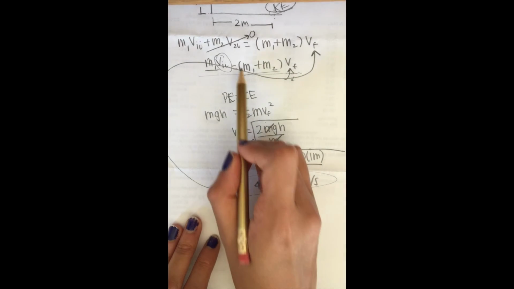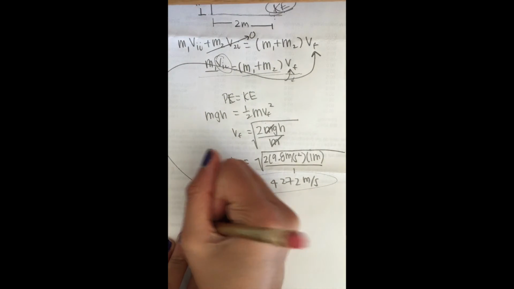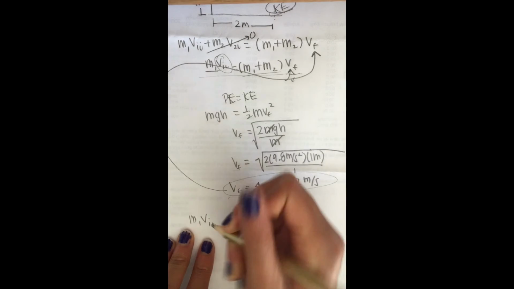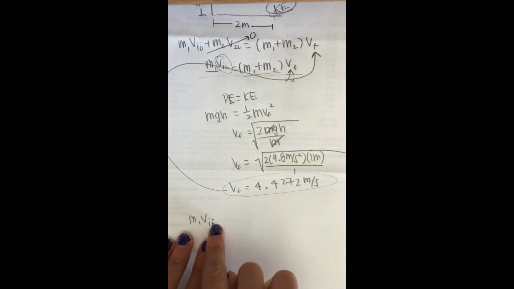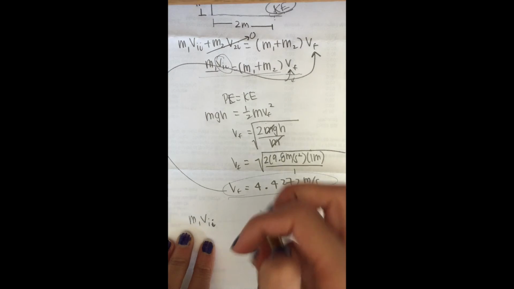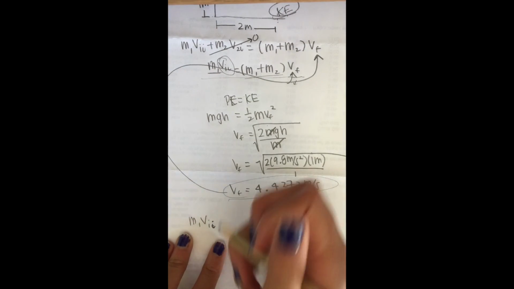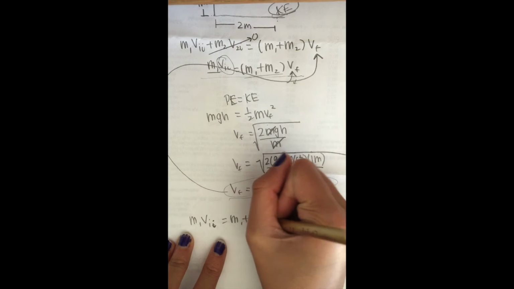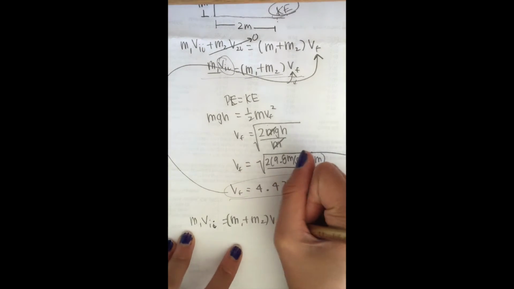So earlier here, we found that mass 1 times velocity 1 initial, and once again, this is the bullet, equals mass 1 plus mass 2 times velocity final.